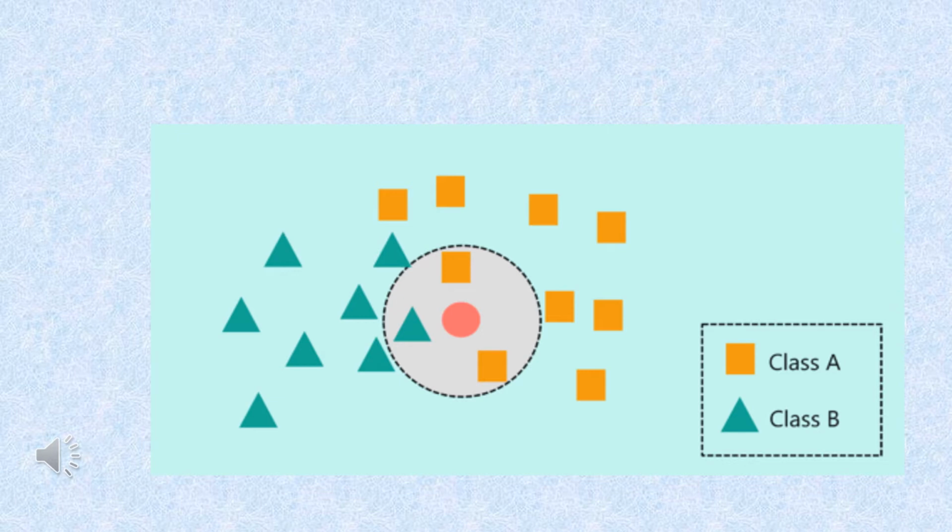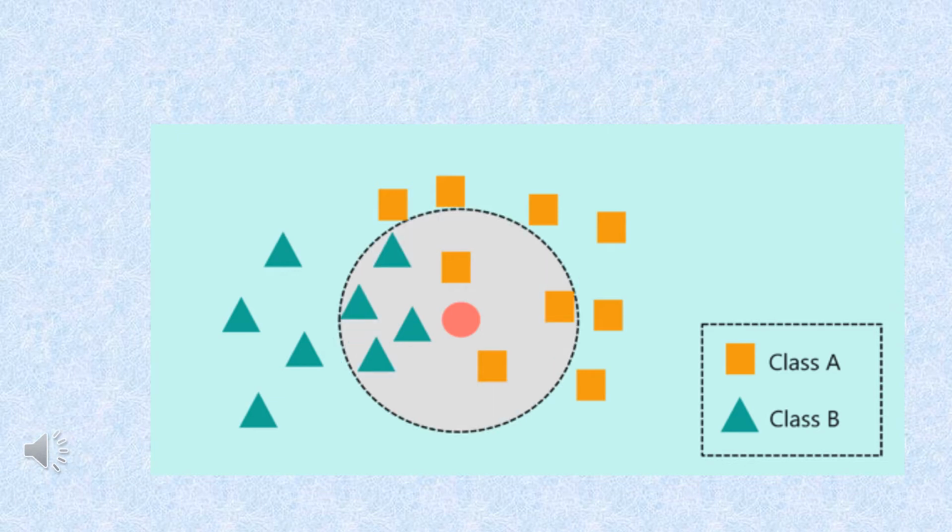So here k is equal to 3, the neighbors include two squares and one triangle. So if I were to classify the new data point based on k equal to 3, then it would be assigned to class A, which is a square. But what if the k value is set to 7?